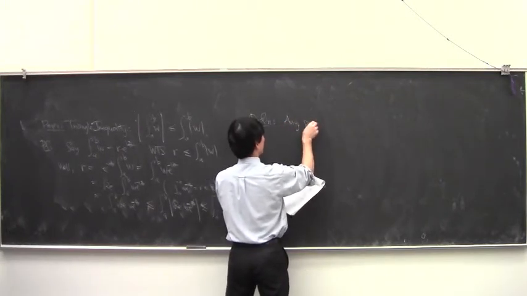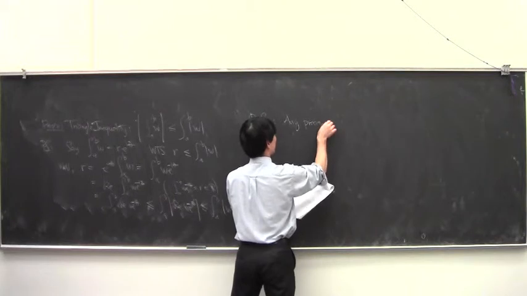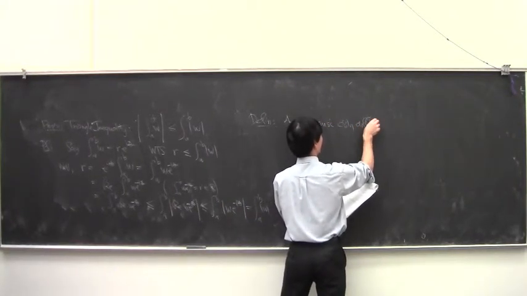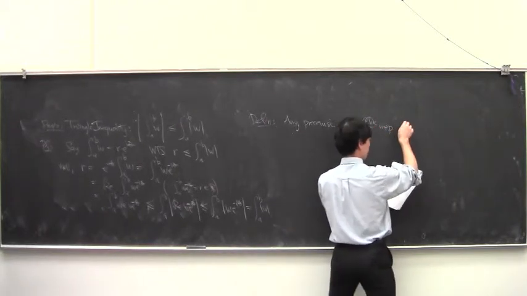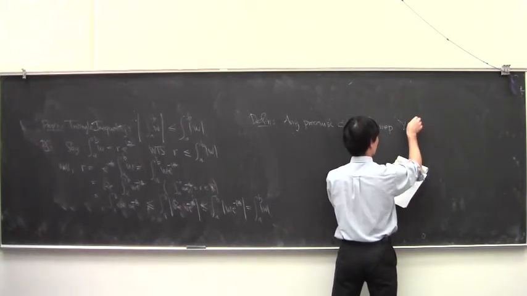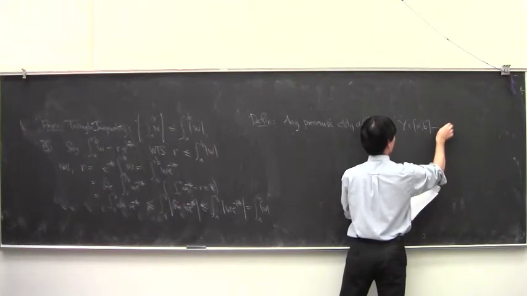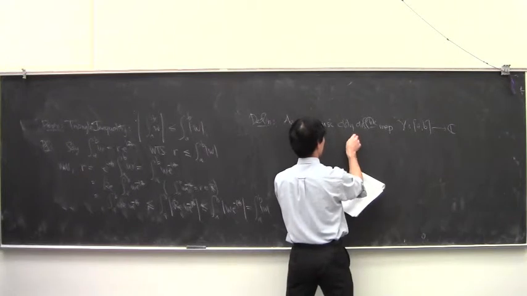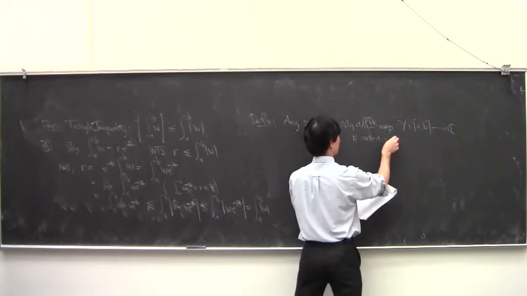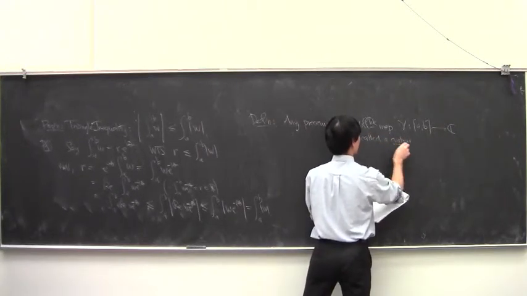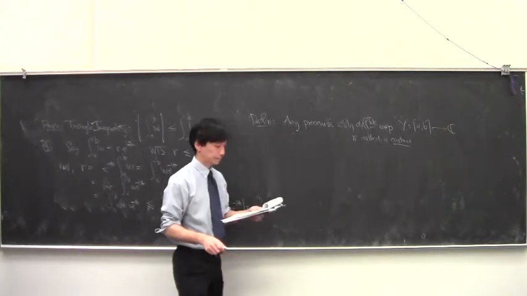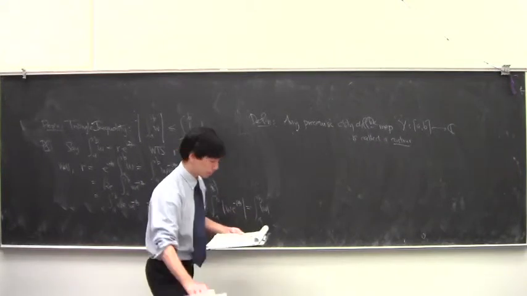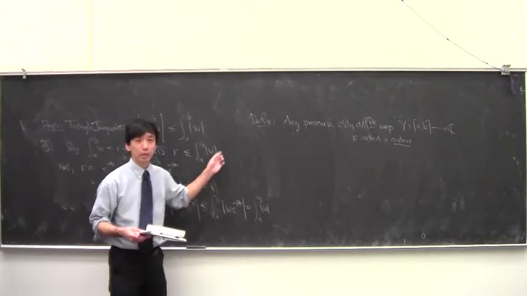Any piecewise continuously differentiable map gamma is called a contour. So we're going to integrate.